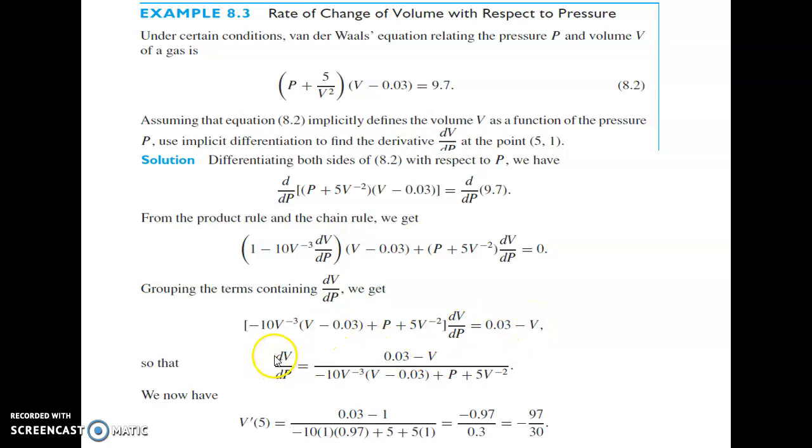Then I want dv by dp, I will just cross multiply this by this. This is dv by dp. And here I will substitute v prime p, that is dy by dx, I will put p equal to 5 and v equal to 1. Just I put it here, v equal to 1 and then p equal to 5. So I will get this answer.